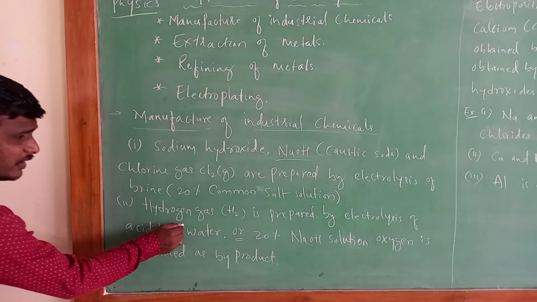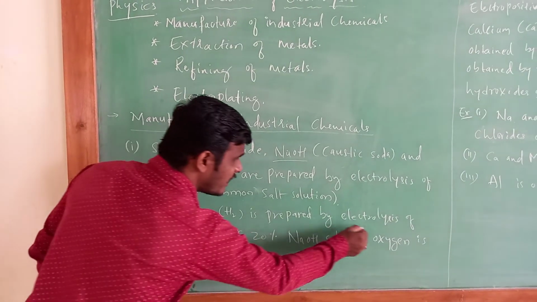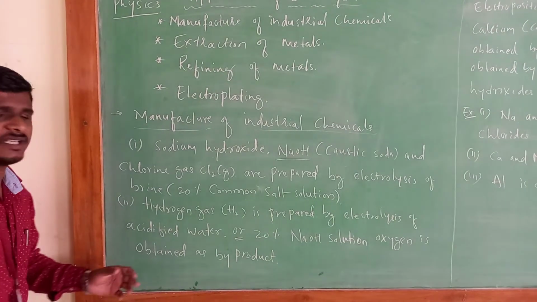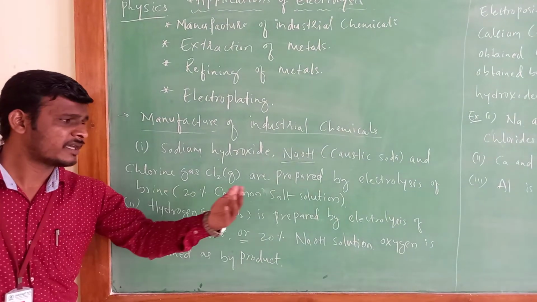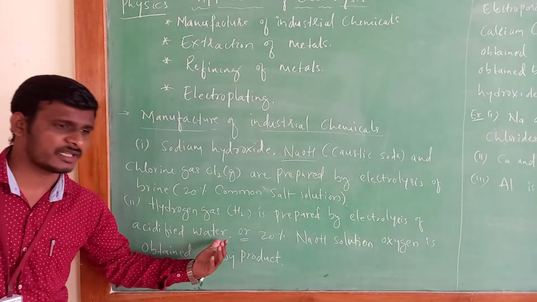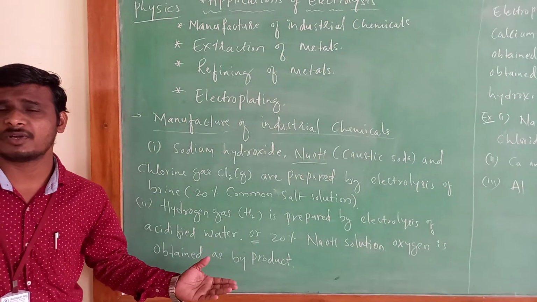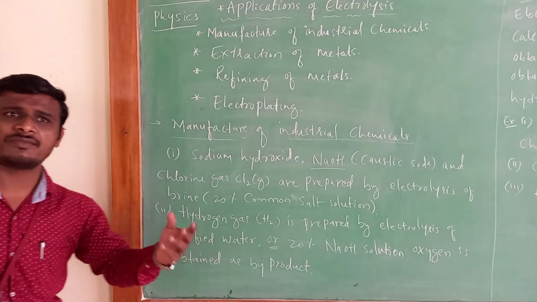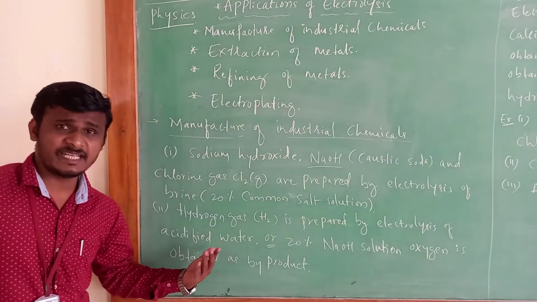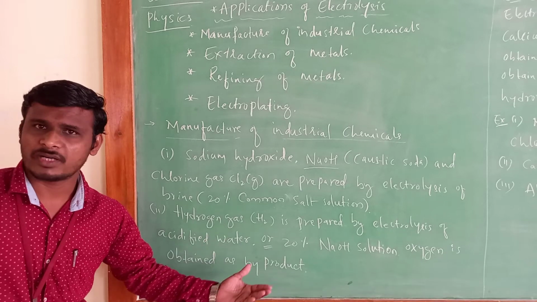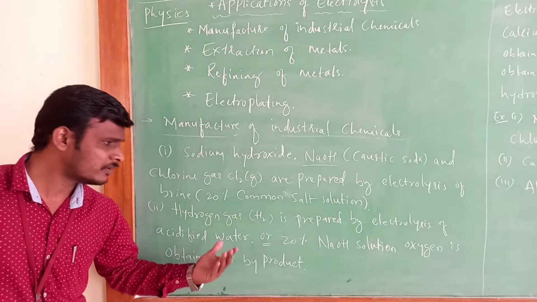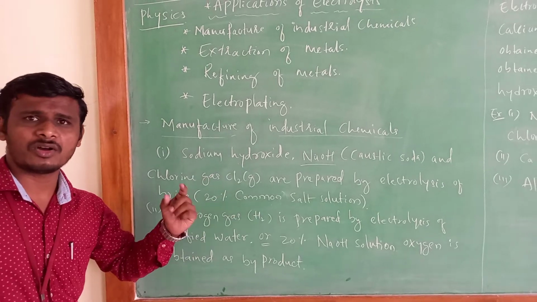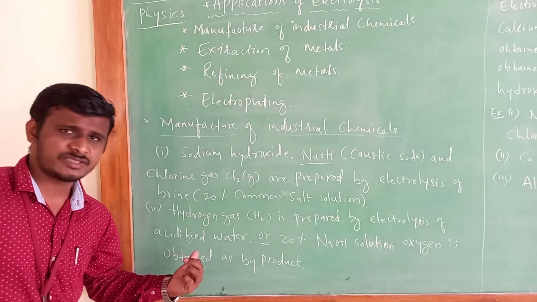Second thing, hydrogen gas is prepared by the electrolysis of acidified water, right? Last class we discussed the electrolysis of water. There we used acidulated water for the electrolysis, and we got oxygen as well as hydrogen gas, right?